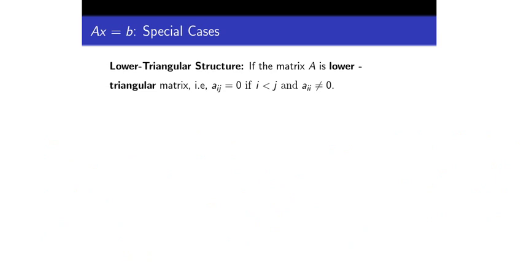If the matrix A is a lower triangular matrix, that means you have the condition aij equal to 0 if i is less than j, and the aii are non-zero.